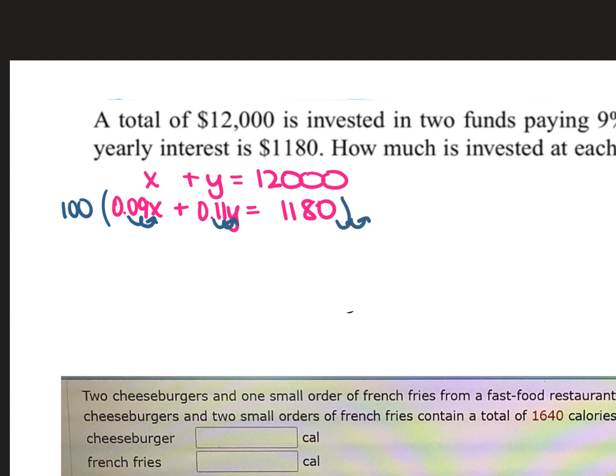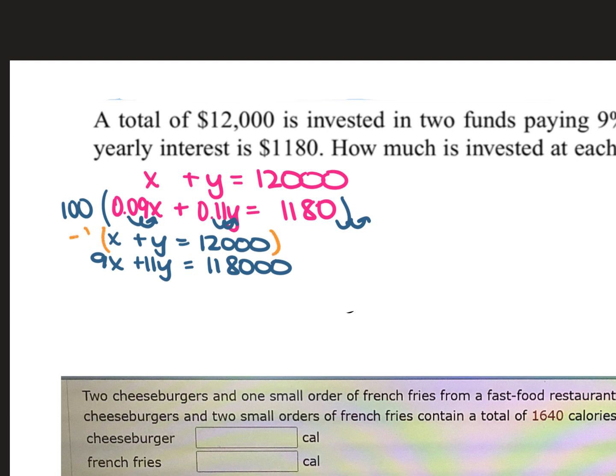So we're going to have x plus y is equal to 12,000. Then we have 9x plus 11y is equal to 118,000.